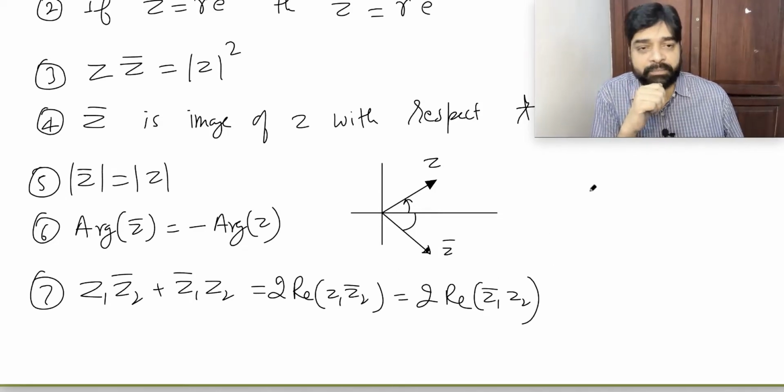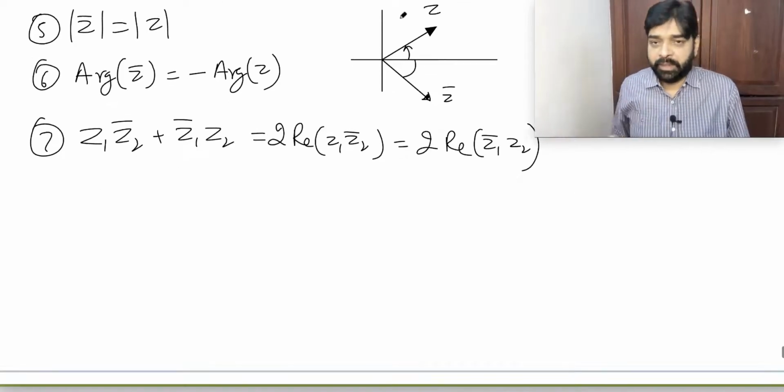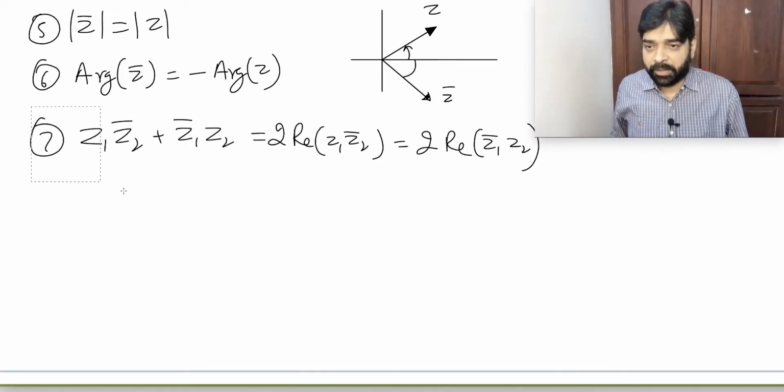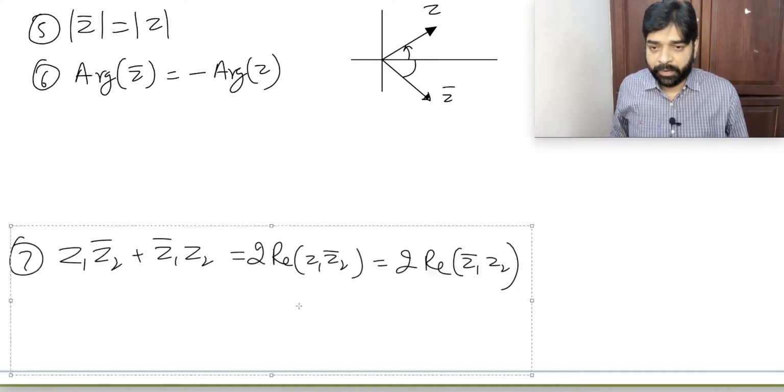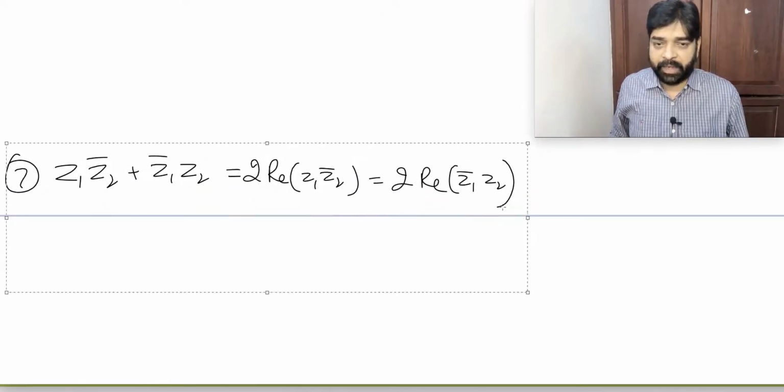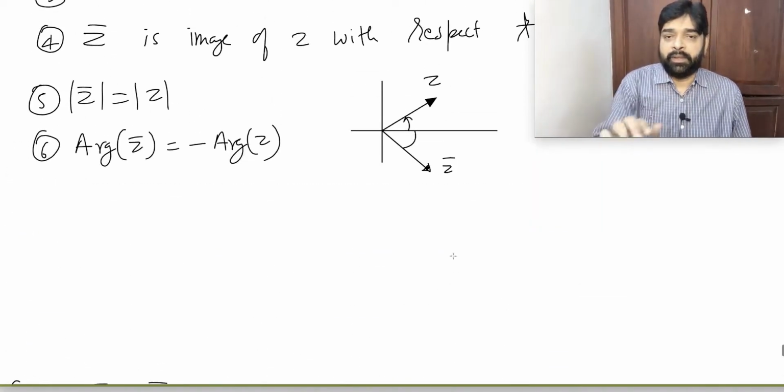This property later we'll write. Miss, just before this some more things we have to see. This we have to write, but at last.